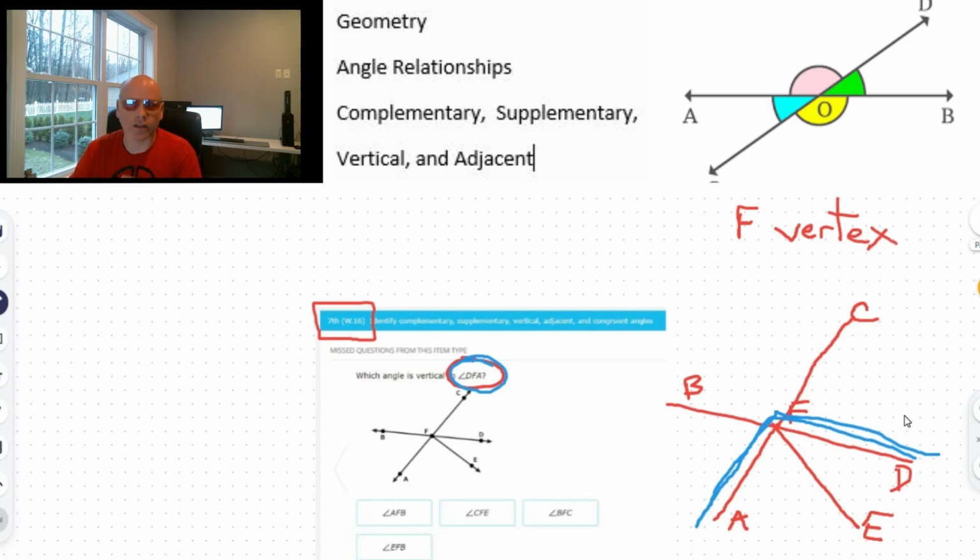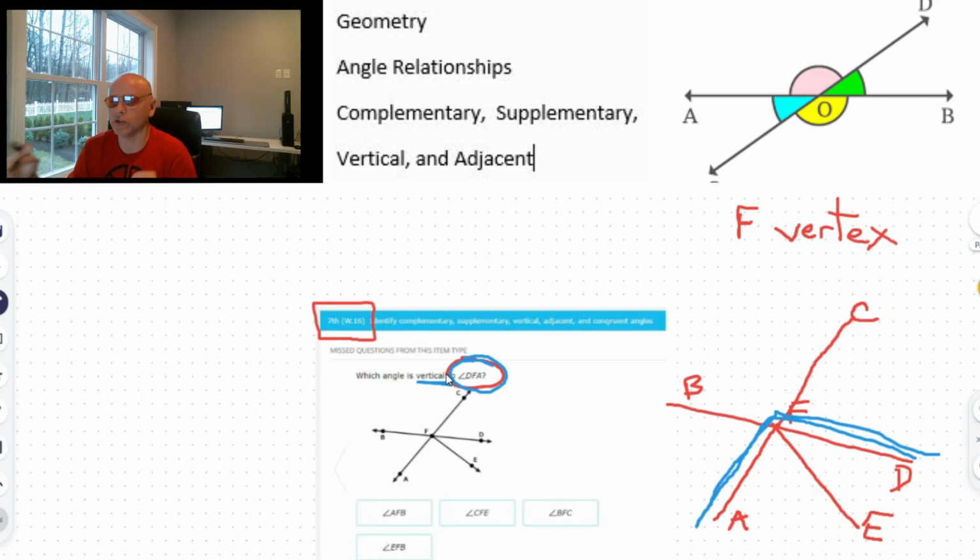Which angle is vertical to this? Right? Now we have to use a picture with vocabulary. So you have to know the definitions and we have to be able to interpret a picture. So there's a lot of different skills going on with this type of math, right? We interpreted the picture. Now we need to use the definition of the word.